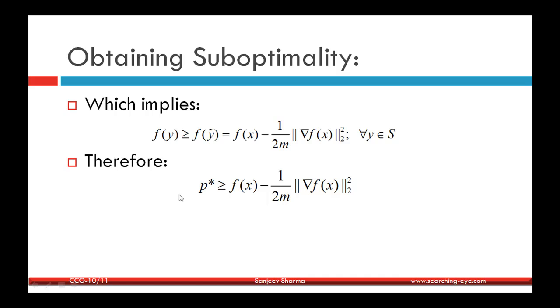There is a minimum value of the objective function, p star, which is going to be greater than or equal to f(x) minus 1 over 2m times norm of del f(x) squared. Which gives us that norm of del f(x) squared is greater than or equal to 2m times (f(x) minus p star). So here we have obtained the stopping criterion, as is apparent.